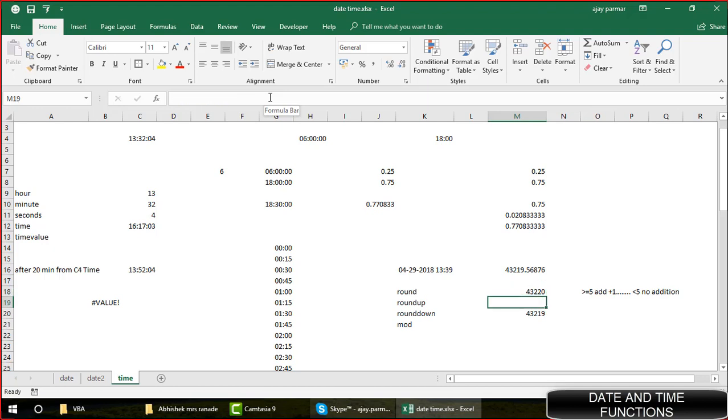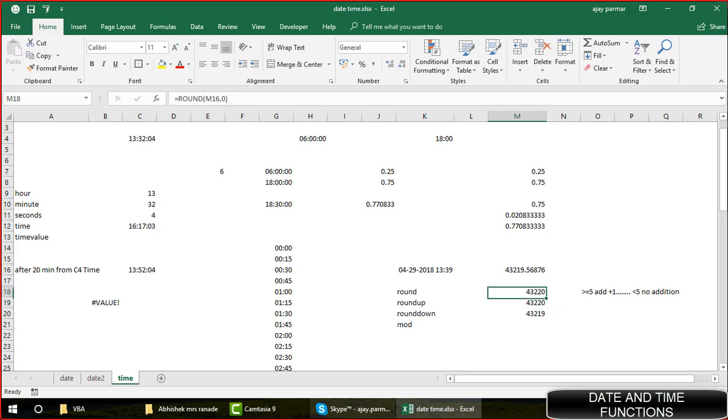Okay, so what if I want 43219, ROUNDUP, use this and 0 for the number of digits. You can see you have got 43220 here. Now what is the difference between this and this?